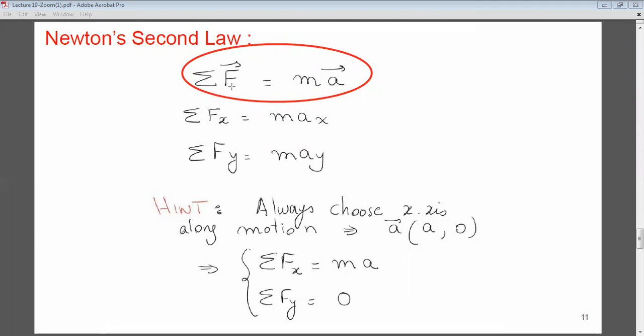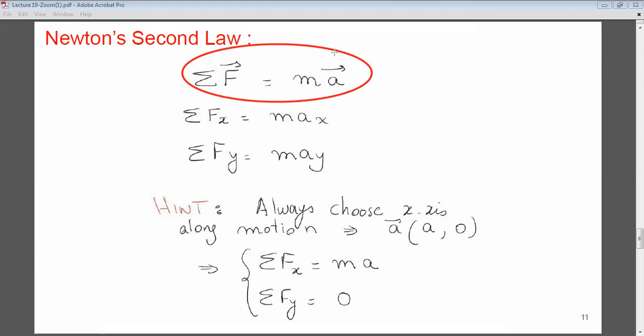So notice how the forces affect the acceleration. Whatever forces I have, it will affect how the object will be moving. And this is why yesterday I said, why the object will go upward, why the object will go downward, why it will stop after some time. Why? Because of these forces acting on this object.